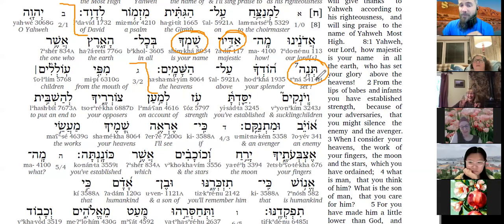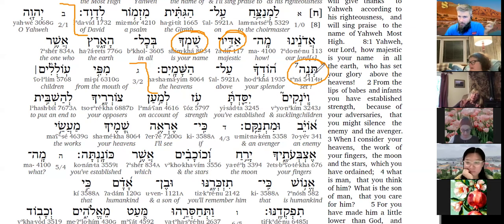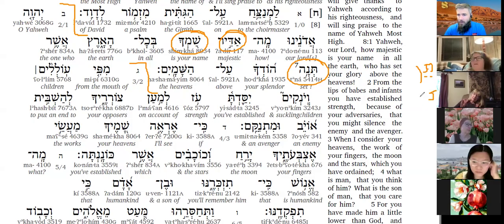Okay, so this form, tana, shows up like 24 times in the Bible, and it's always an imperative with a paragogic hey. Ten is the usual imperative form. Then if you say tana, it means do something towards me or for my benefit. It becomes tana, precisely this form right here. But what's wrong with that?